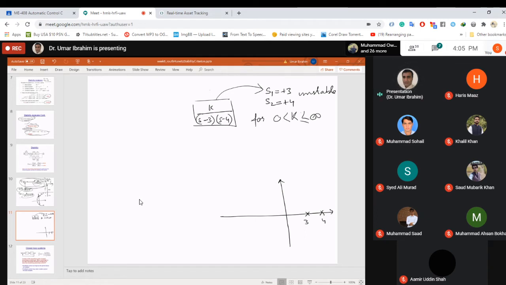Now let's put the system in a closed loop control system. So this is C of s. Unity feedback control system.